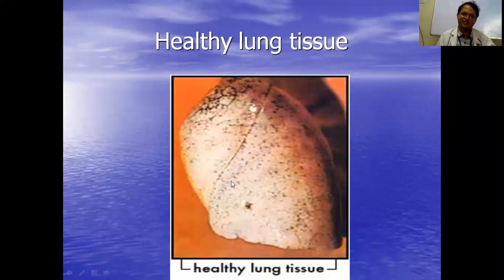This line is splitting the lung into two halves. It's a big fissure. What is that fissure? Is it the major fissure or the minor fissure? Yes, that is the major fissure, which divides the left lung into the left upper lobe and the left lower lobe.